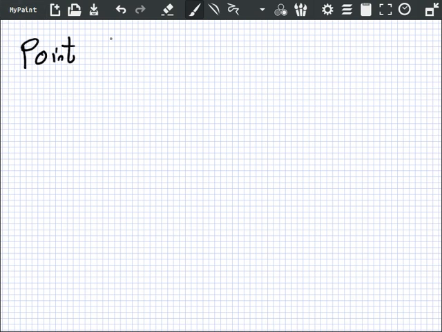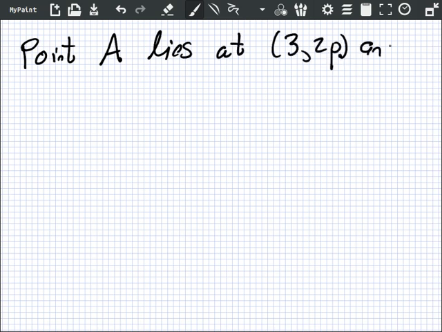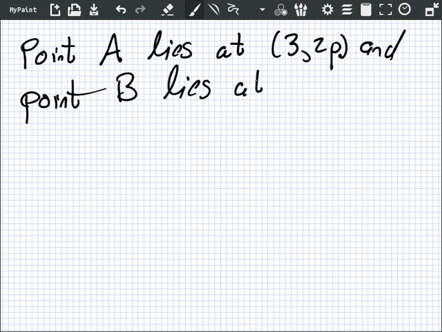Point A lies at (2, p) and point B lies at (4p, 30).